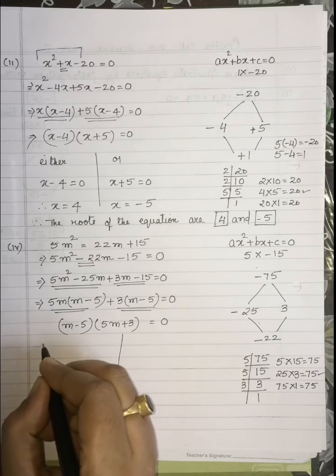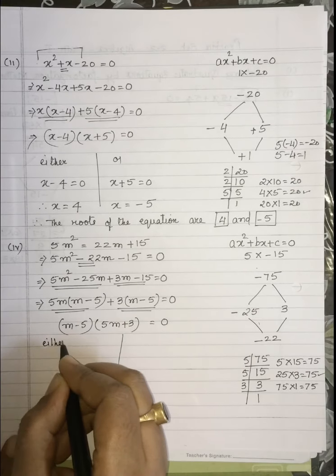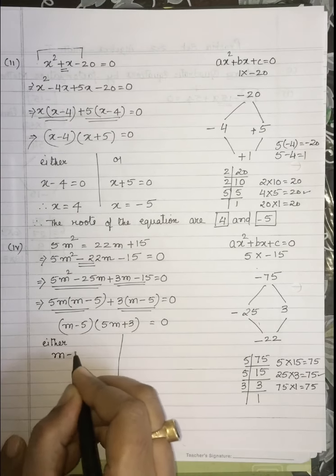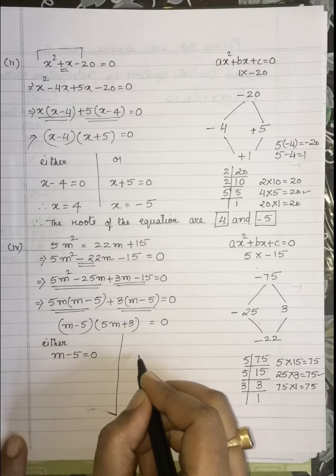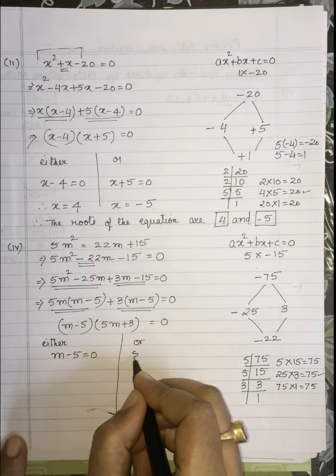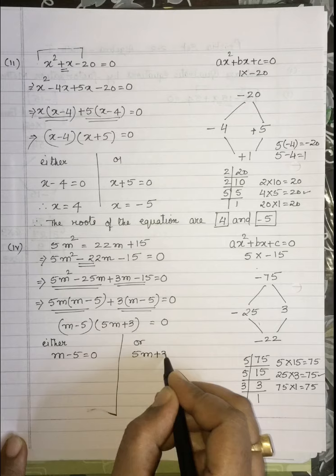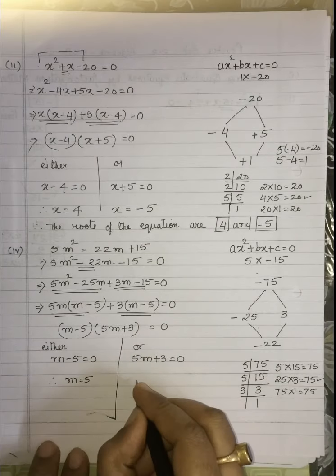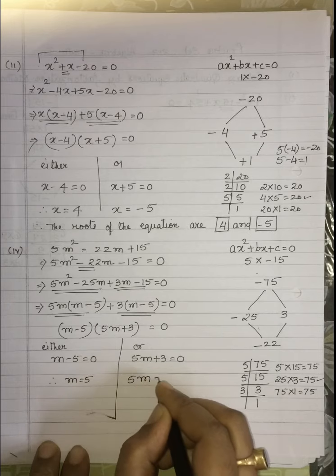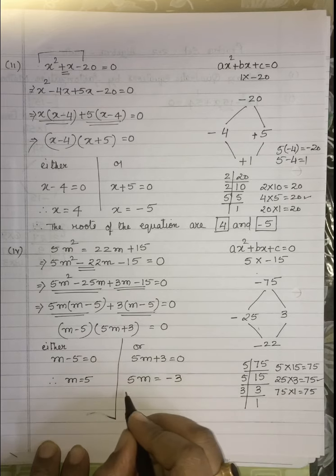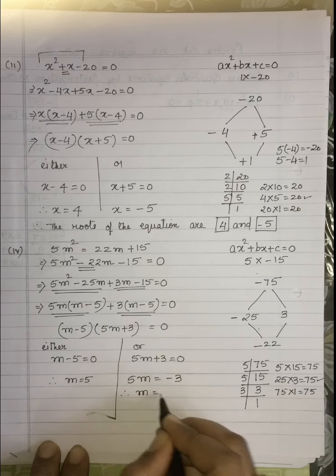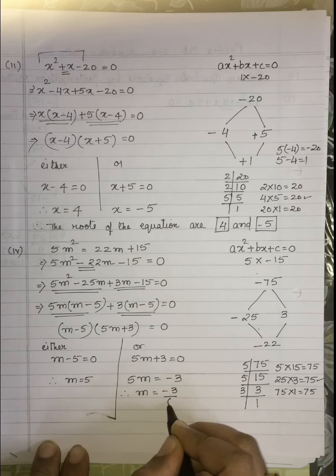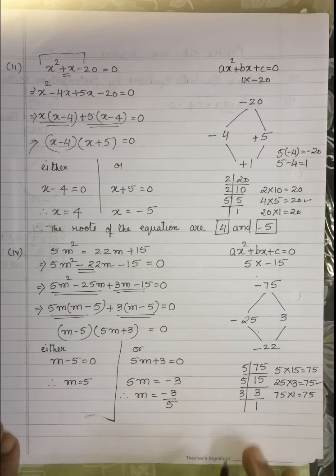So now either m minus 5 is equal to 0 or 5m plus 3 is equal to 0, or 5m is equal to minus 3, therefore m is equal to minus 3 upon 5.